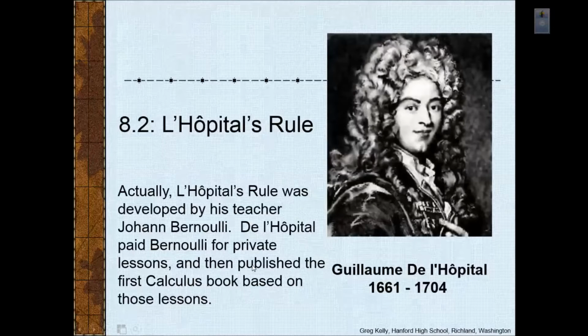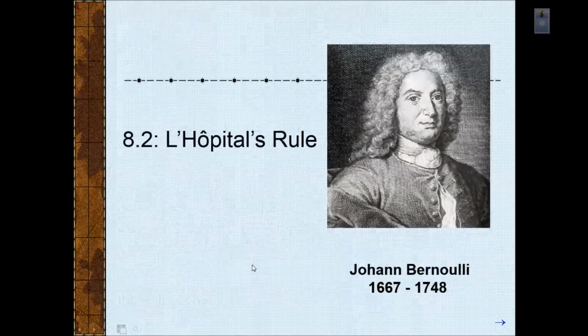So I guess we should really give credit where credit is due here. Johann Bernoulli should be credited for L'Hopital's rule, but we don't call it Bernoulli's rule, we call it L'Hopital's rule. Maybe it's just more fun to say. It slides off the tongue, L'Hopital's rule.